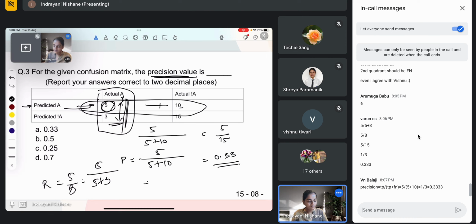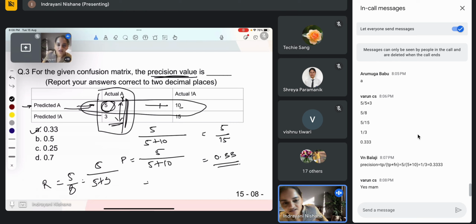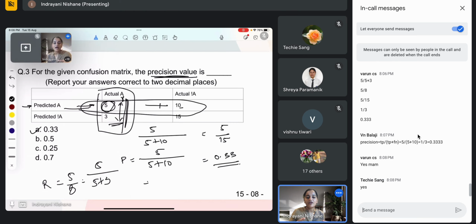So this is 0.33, and the correct answer is option A. It will not be 5 by 8; 5 by 8 will be the recall value, but the precision value will be 5 by 15. Is it clear now, the confusion between precision and recall? Once you get the hang of it, once you practice it, it becomes more clear.